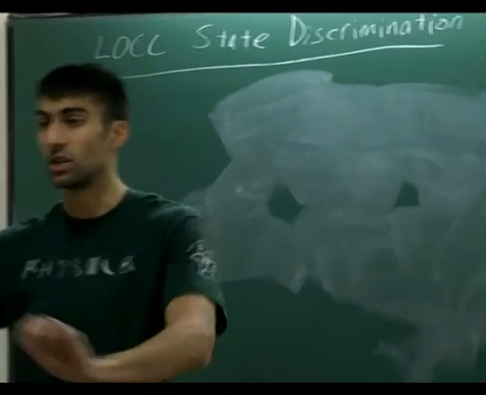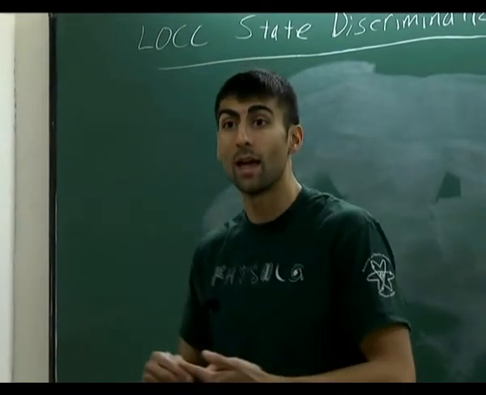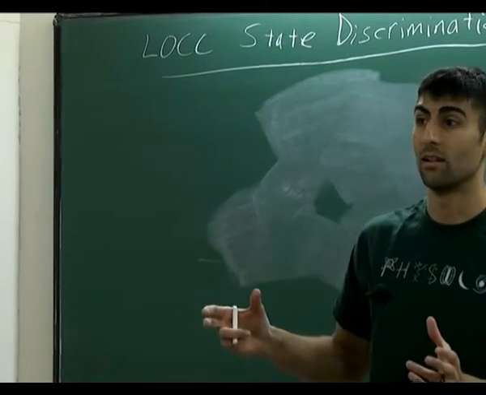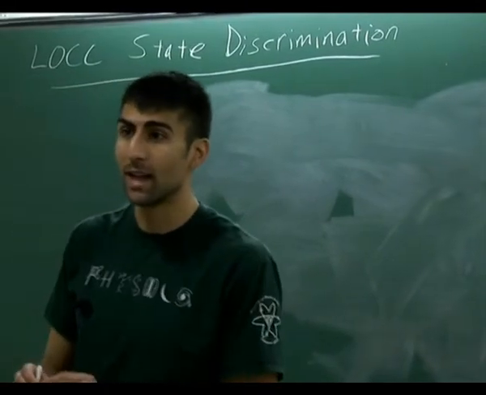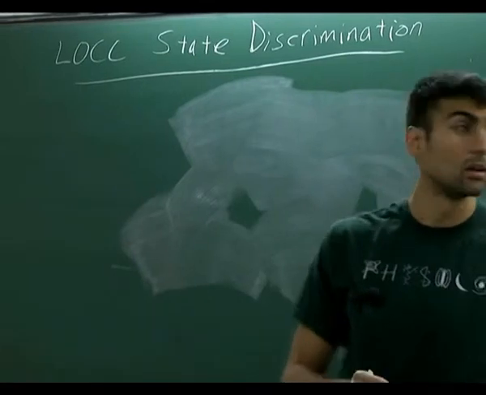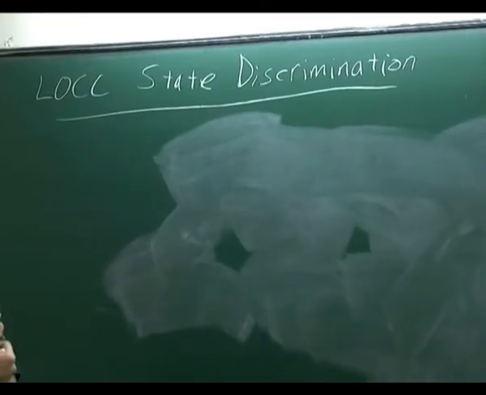Charlie comes along and is going to distribute a state to Alice and Bob. Alice and Bob know that this particular state belongs to one possible set. Okay, so it belongs to an ensemble. They don't know which one it is, and their task is to identify as best as possible which state was prepared for them. And so that's the goal of LOCC state discrimination.